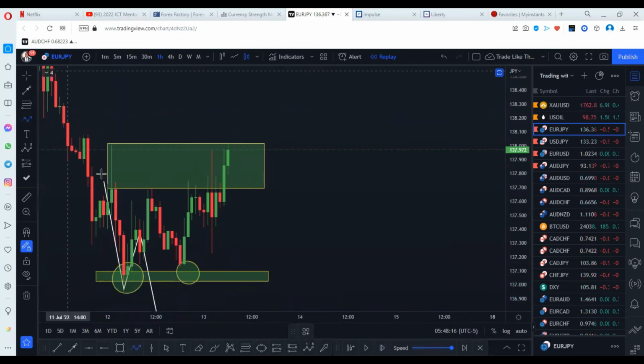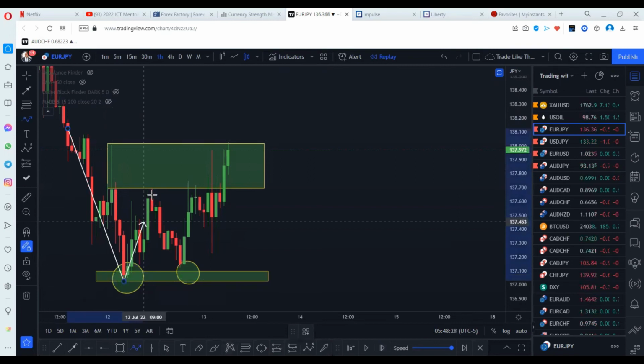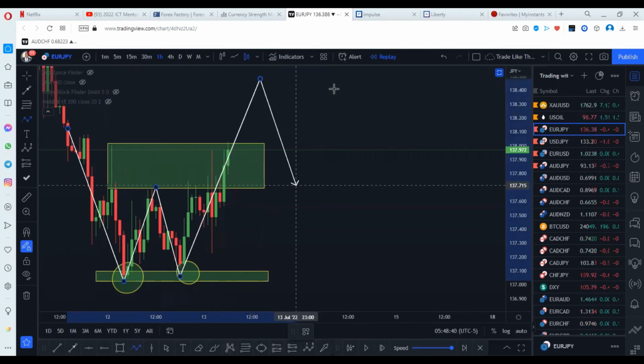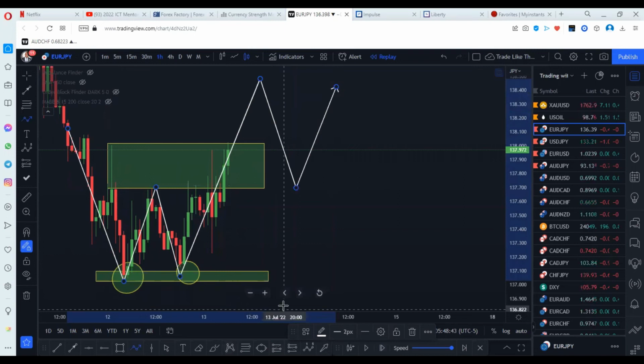So price came down, you're following the market. Came down, came up, came down, and it's pushing past it. Now, if this breaks this zone, for us to see the reversal, we wait for the retest to that zone, we take it up. But we don't know if that's going to happen yet, so we're in patience waiting mode.